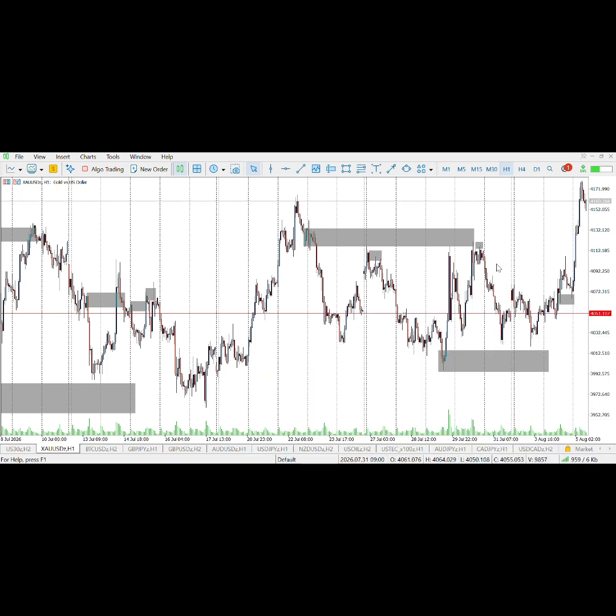What makes a zone a fresh zone? Now, here is what we are looking out for. When I analyze this trade and call out this zone here, there is no zone that has come to touch it.